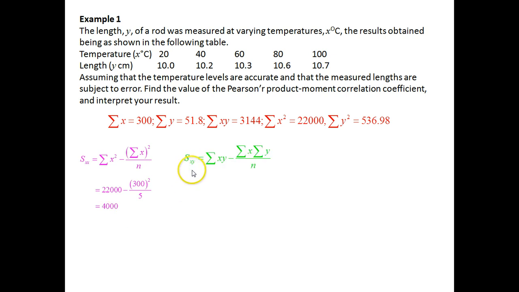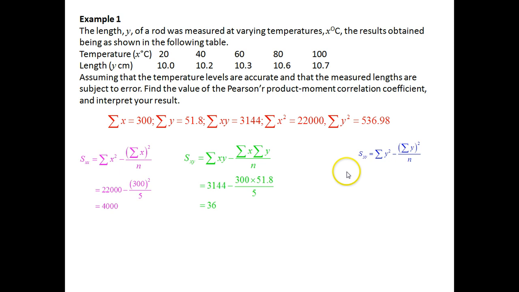The Sxy then: the sum of xy is 3144 minus the sum of x times the sum of y over n. So 3144 minus 300 times 51.8 over n, and we get 36.